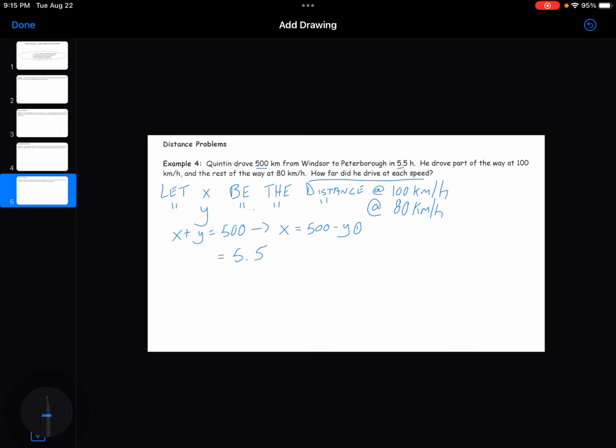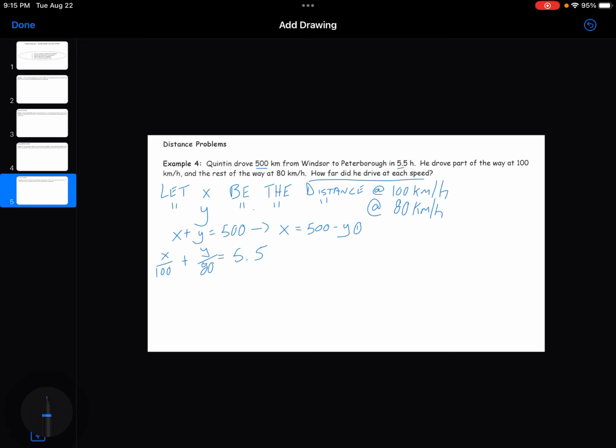That's nice and easy. We know we've driven x and y at a certain speed, but what we have to recognize is this is going to be x over 100, because when I divide by that, the kilometers are going to go away and the hours are going to come back up to the top. X is 100 kilometers an hour, y is 80.